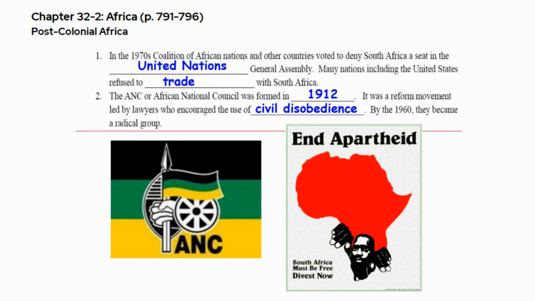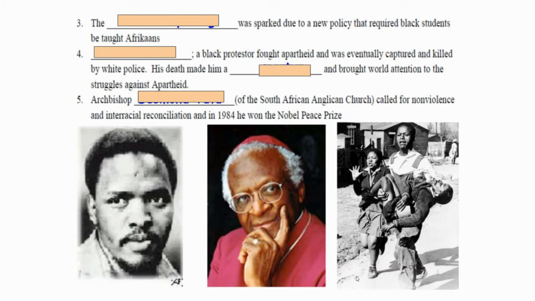Anyway, by the 1960s, the ANC had become a little more radical, and hence they became big targets of the Afrikaner government. So, in number three, the Soweto uprising, which happened in basically 1975, I believe, was sparked due to a new policy that required Black students to be taught Afrikaans, which is kind of a Dutch language.